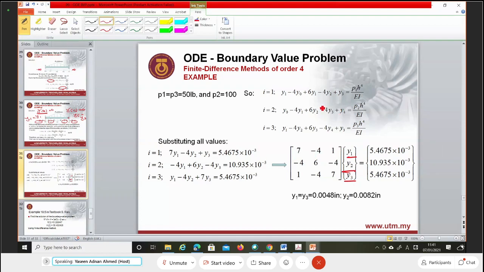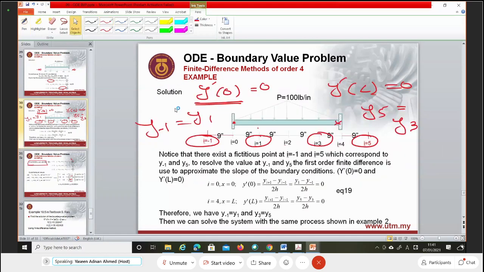So here, for P1, P2, and P3, you need to know the load. How can you get it? As I said, P1 could be 50, P2 should be 100, and P3 should be 50, but it depends on the condition.